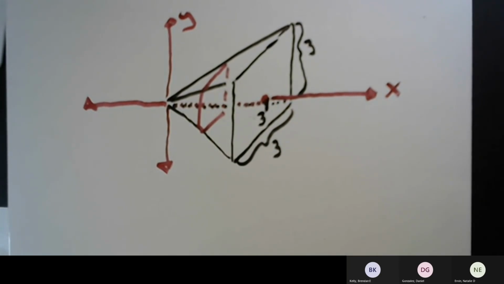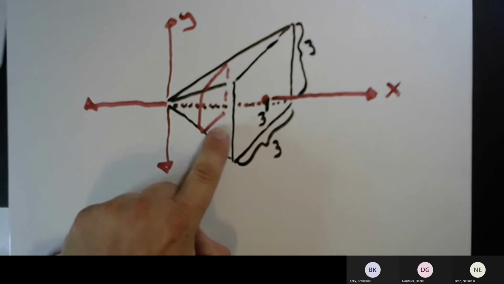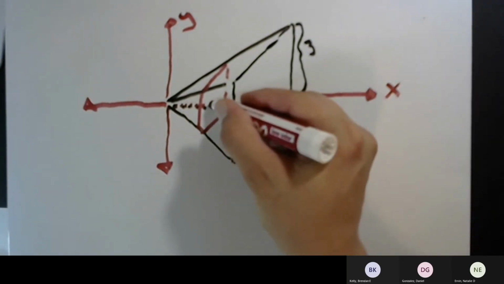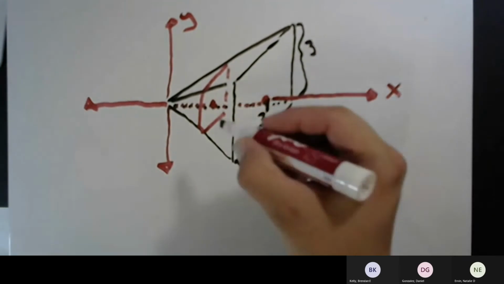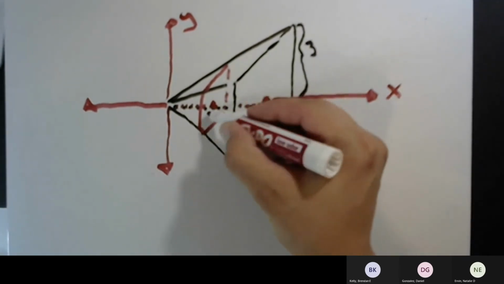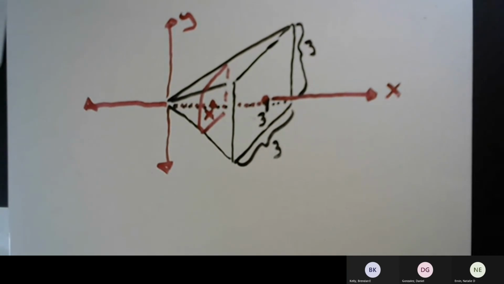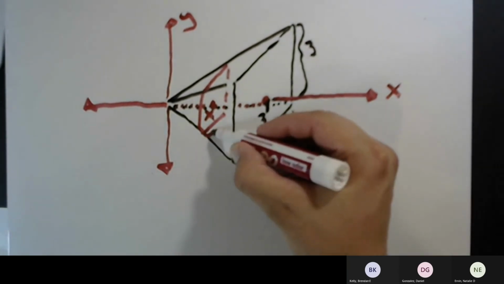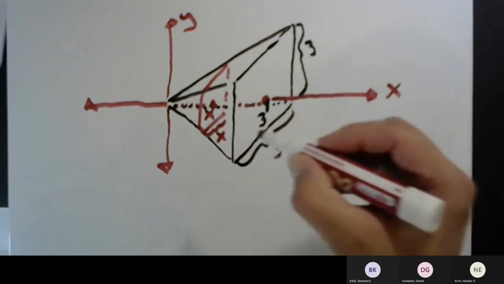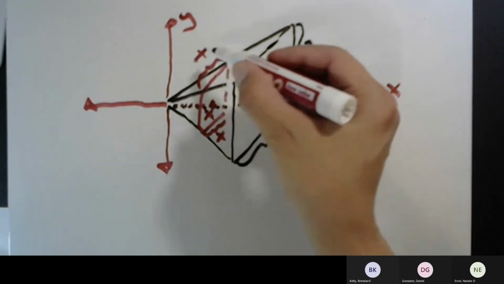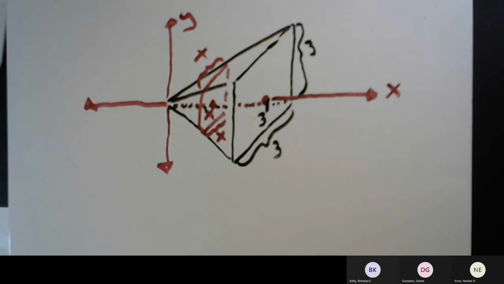Now let's take a look at our cross section. So when the x-axis pops through the cross section at location x, well, that means this cross section is also going to be x by x.